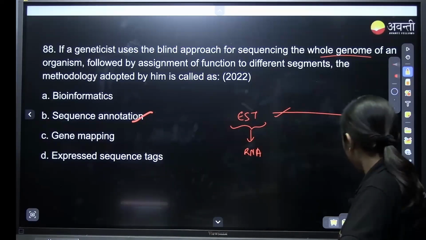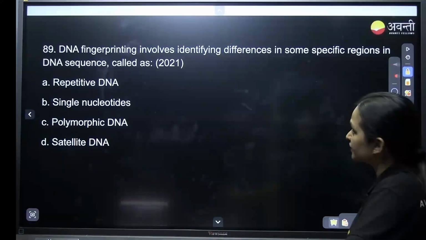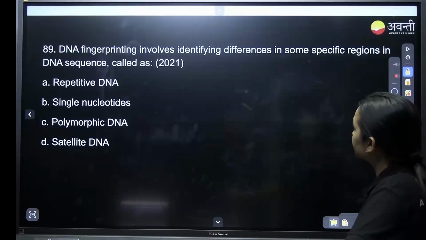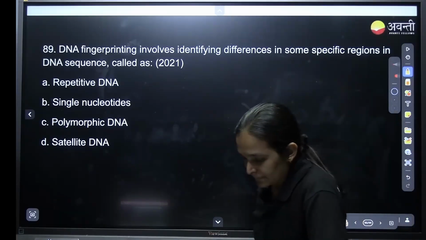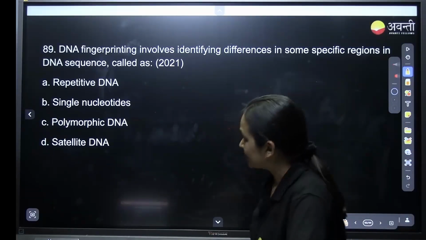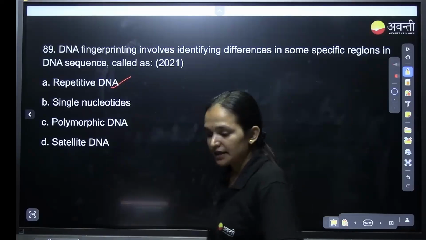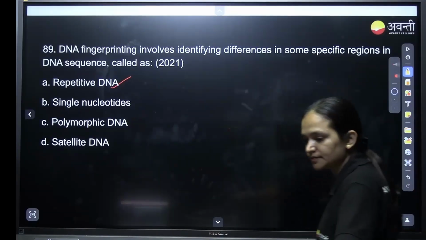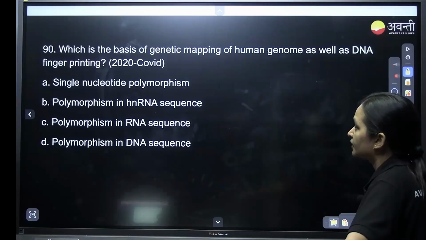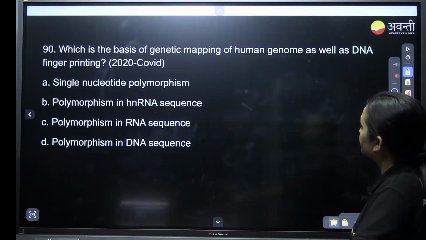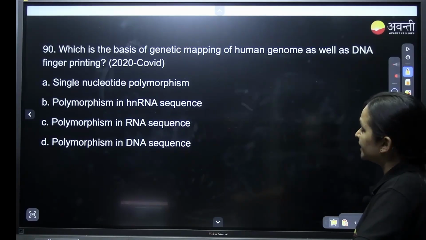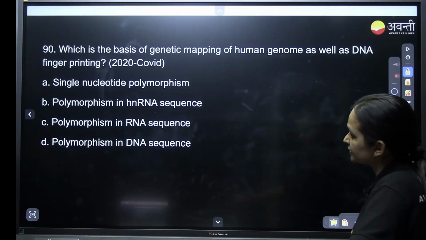DNA fingerprinting involves identifying differences in some specific regions in DNA called repetitive DNA. A is the correct answer. Which is the basis of genetic mapping of the human genome as well as DNA fingerprinting?